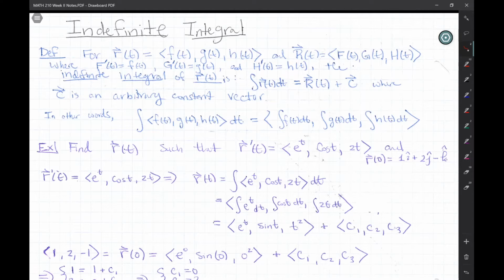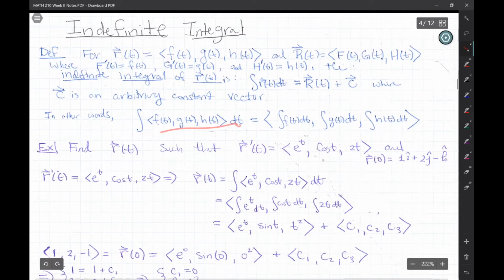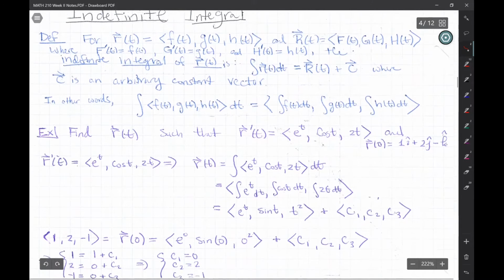Basically, how you want to think about this is that in much the same way that when you took a derivative of a vector function, you just moved the derivative into each component, you're doing the exact same thing here. You're taking the indefinite integrals of each of these functions, but don't forget the constant. The constant's very important. Okay, so let's take a look at an example.